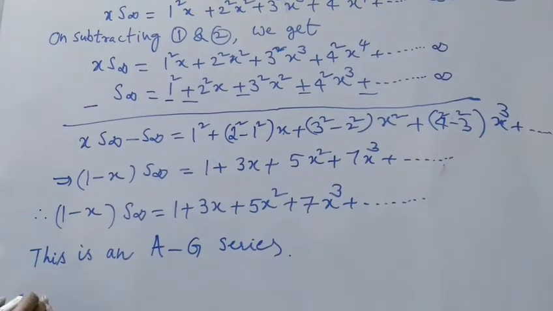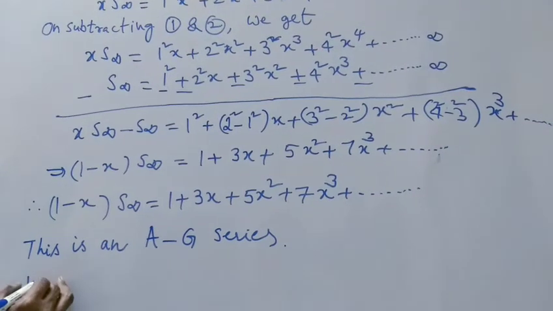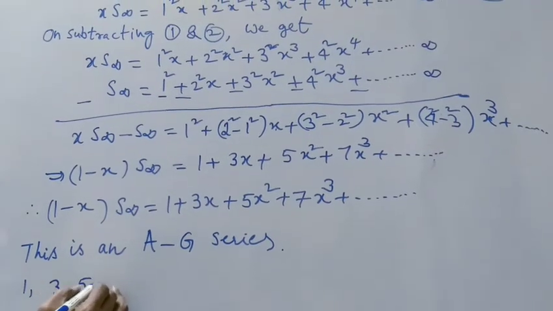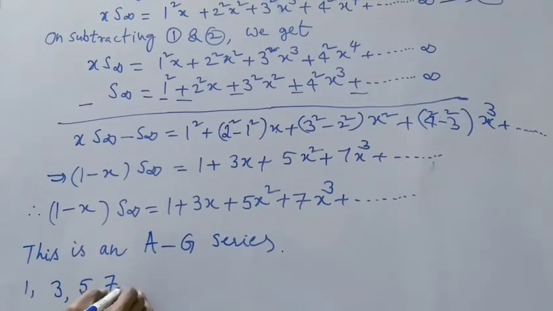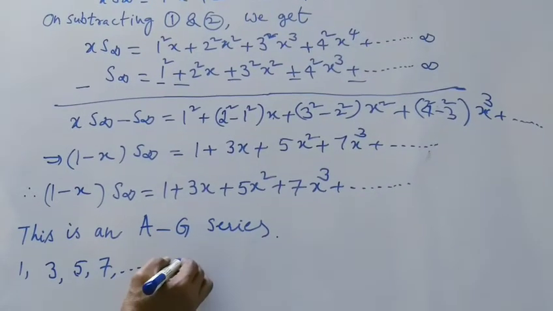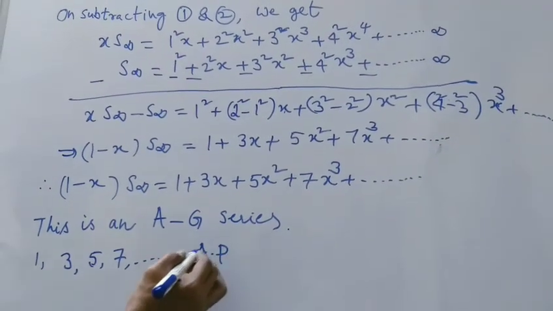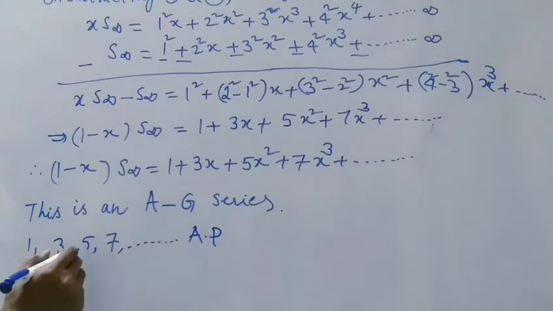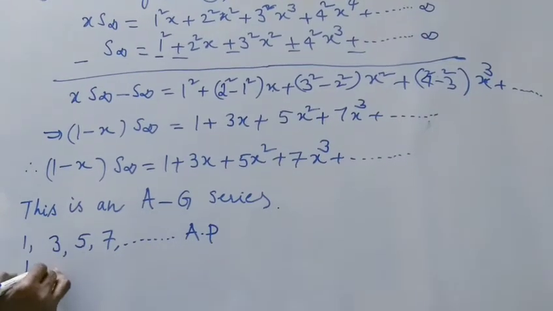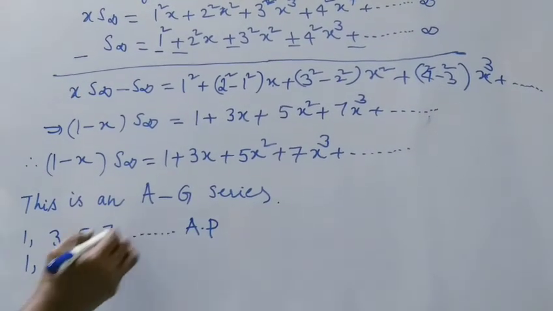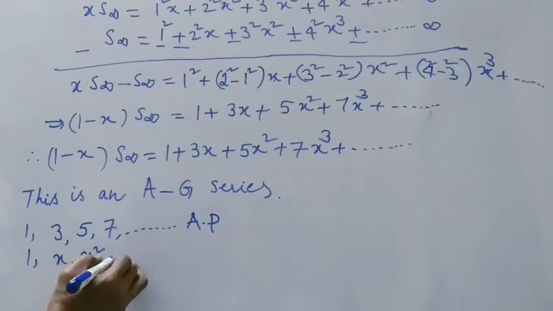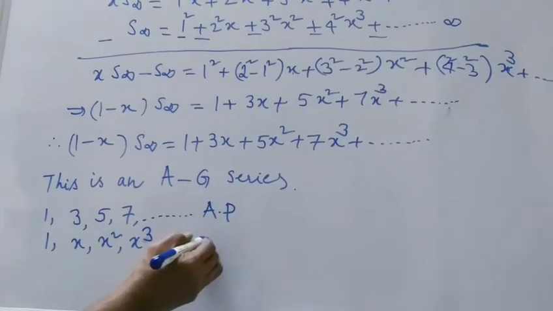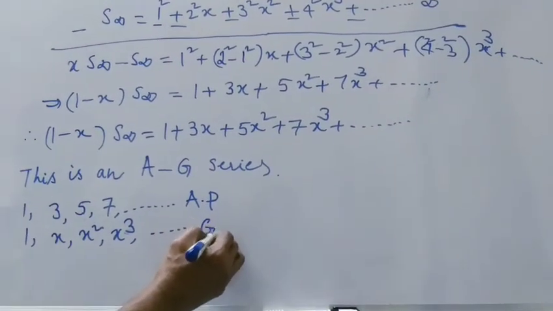Here 1, 3, 5, 7 and so on are in arithmetic progression, and 1, x, x square, x cube and so on terms are in geometric progression.